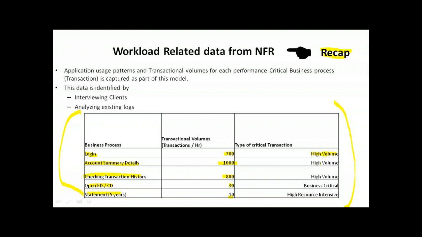Account summary details, again high volume. Checking transaction history, again because it's high volume, we considered it a performance critical transaction. Then FD and statement. This is all we understood as a part of NFR gathering. Everybody could remember this, guys? All of you?